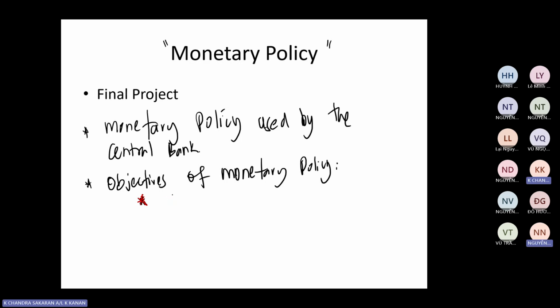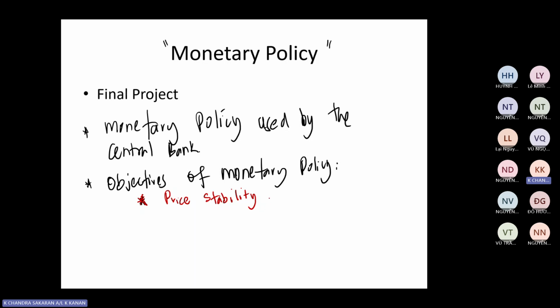So the first one, when you talk about inflation, means price stability. So one objective of monetary policy is price stability. The central bank wants to make sure that the price is stable. They don't want price going up very high, hyperinflation. With stable price, there will be certainty.